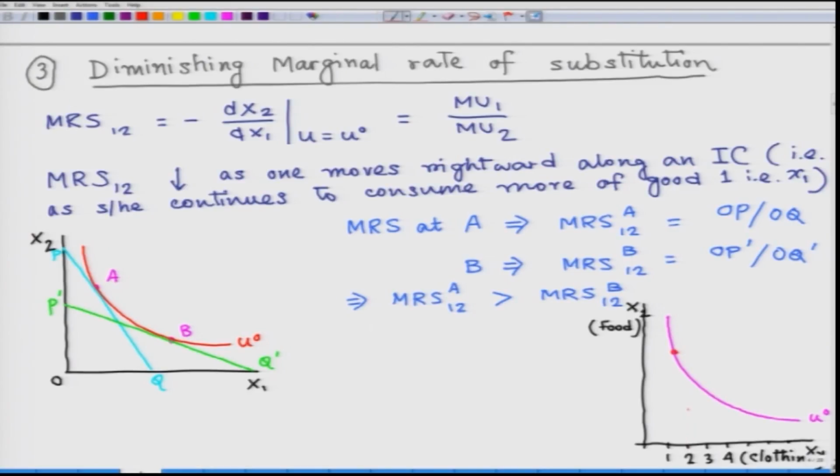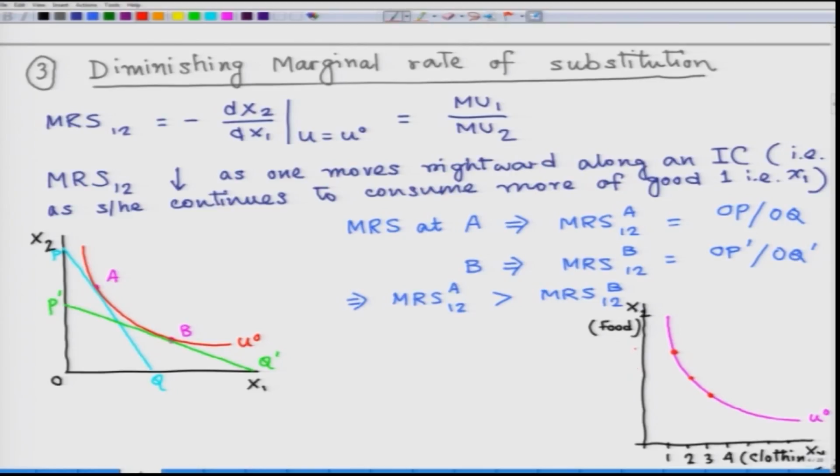Now, as the consumer has increased the units of clothing to keep him or her on the same indifference curve or the same satisfaction level, the quantity of food has to go down, and suppose we say this is the point, and then the consumer continues to purchase more and more of clothing to keep him or her on the same indifference curve.